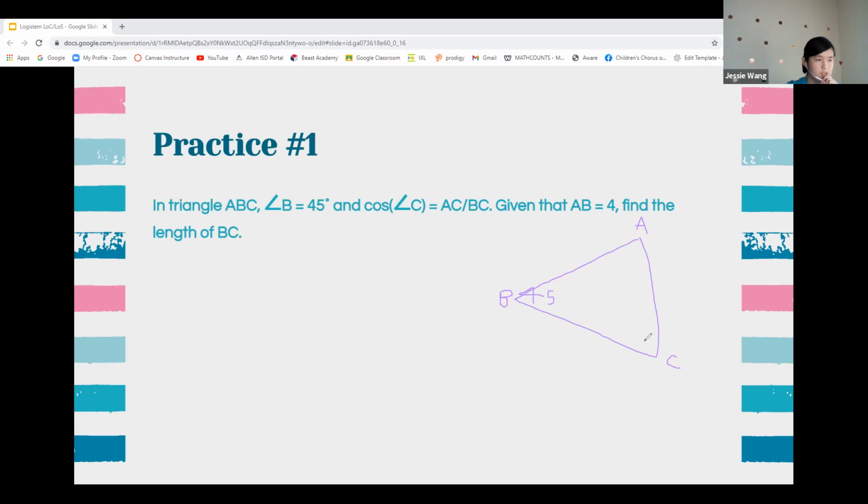So if anyone remembers from the lesson before, cosine is defined as adjacent over the hypotenuse. So AC would be the adjacent and the hypotenuse would be BC.